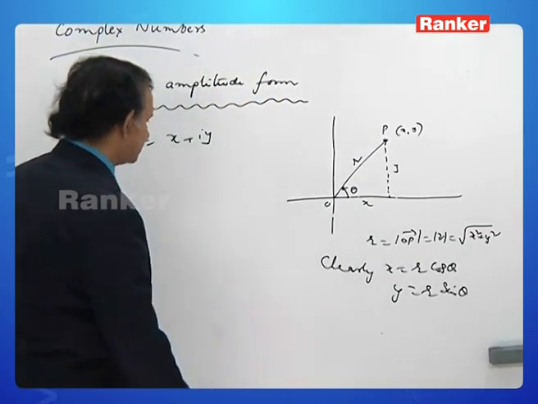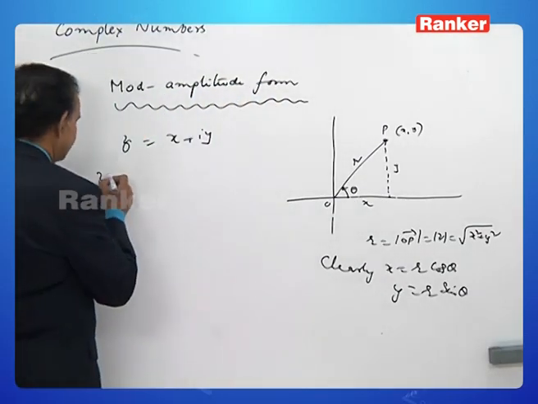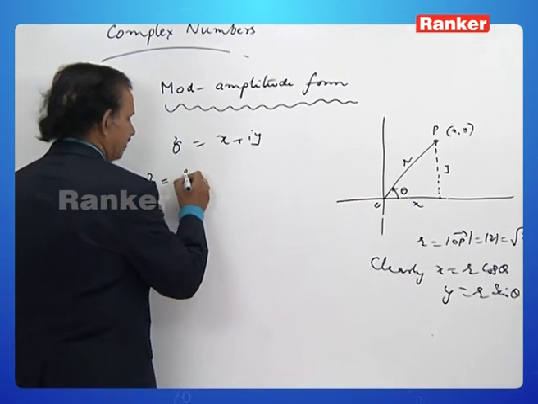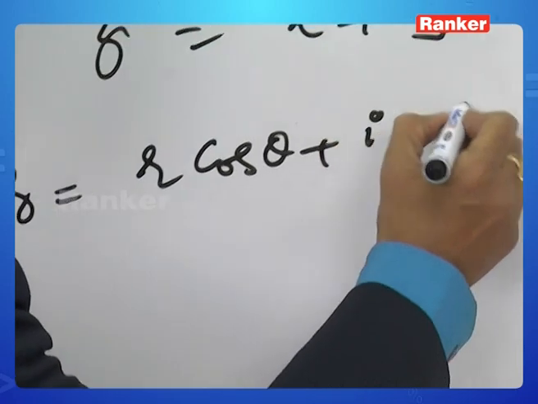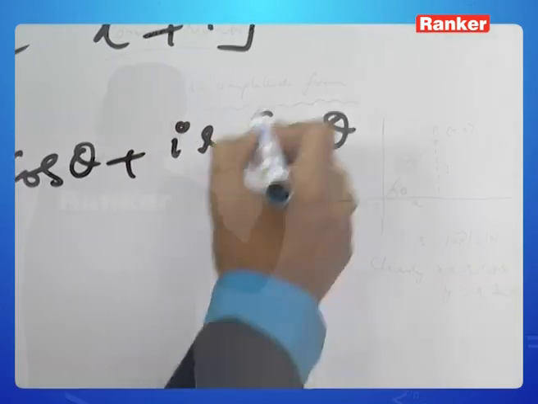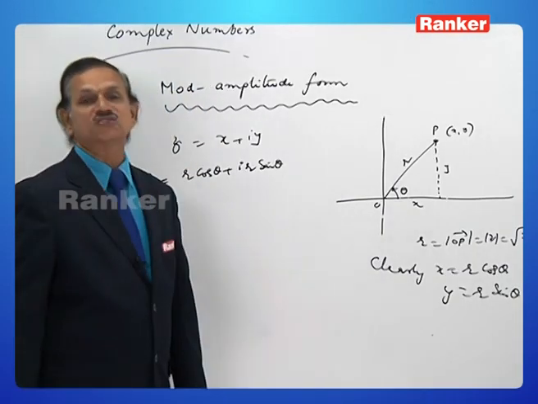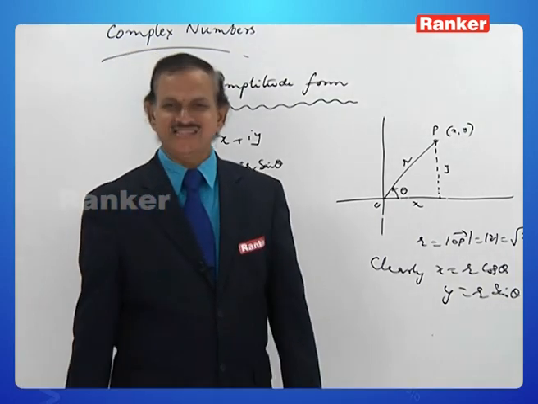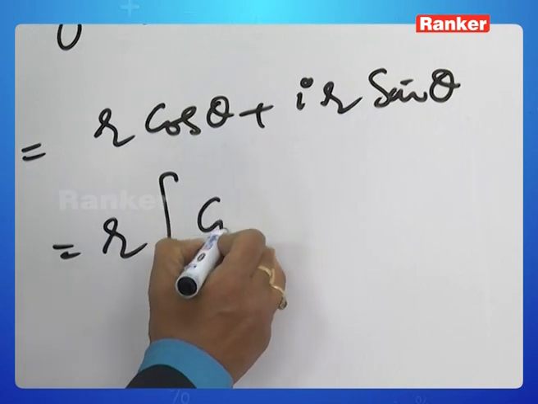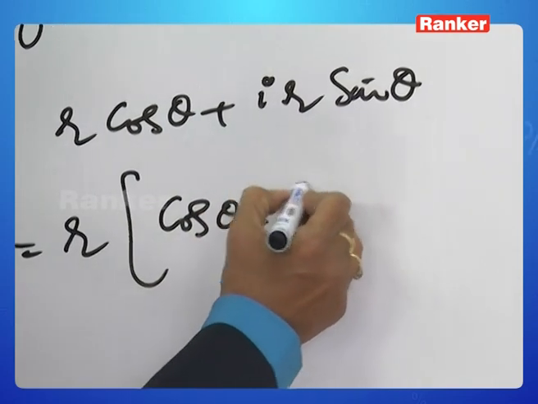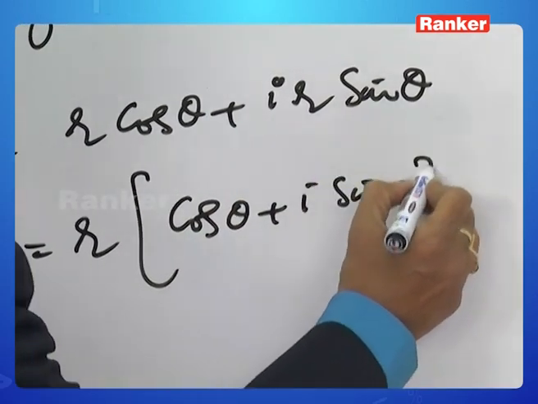Use those two here. What happens to z? It is nothing but r cos theta plus i into r sin theta. This is equal to r into (cos theta plus i sin theta).